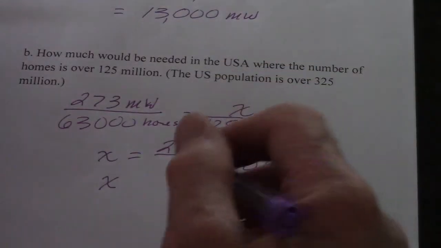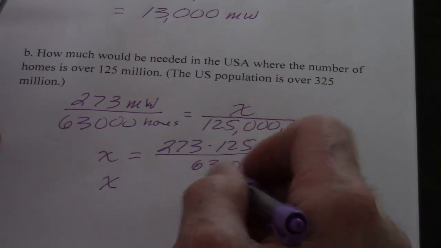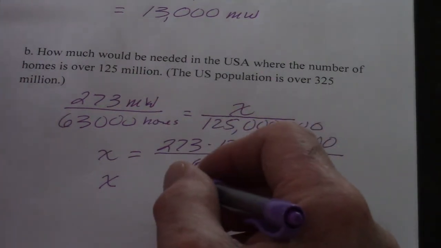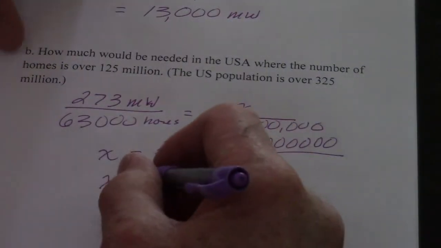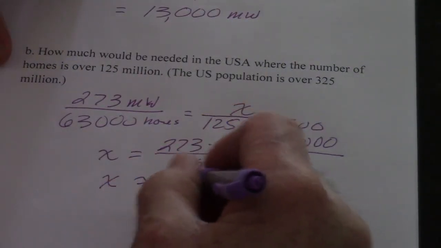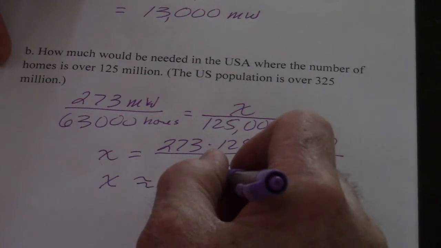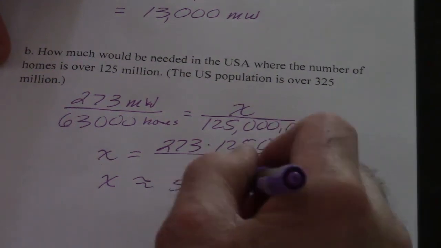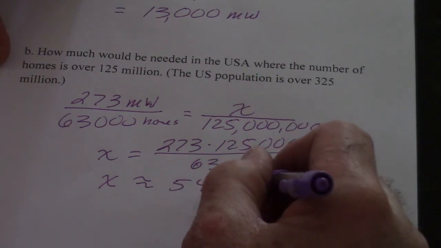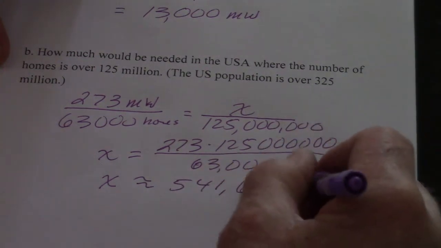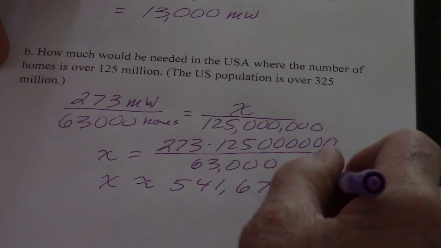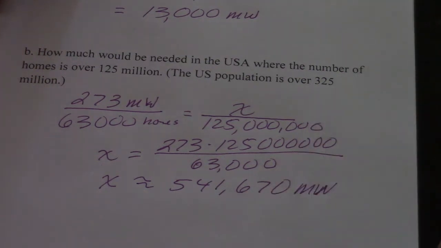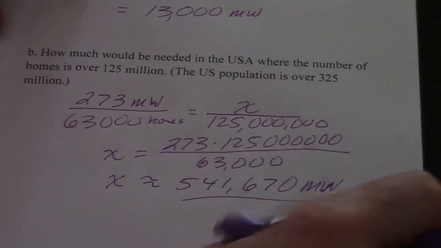I got only 52,000 the first time, but this is 541,666.6 repeating. So I'm going to just say that's about 541,670 megawatts, and it just wants an approximation anyway. Okay, so those are pretty straightforward.